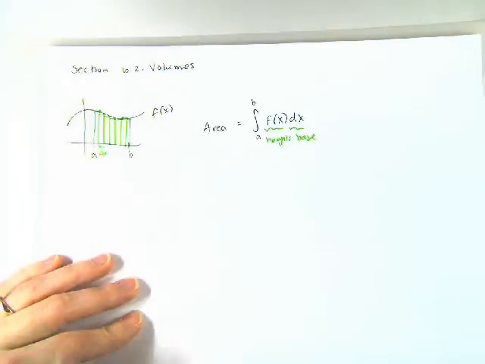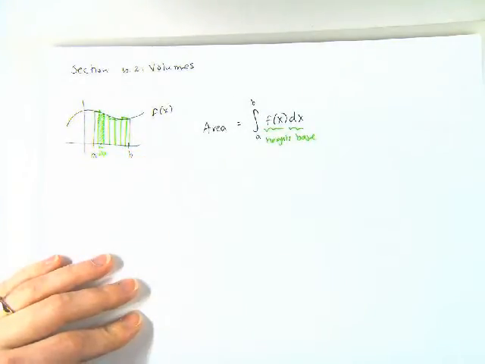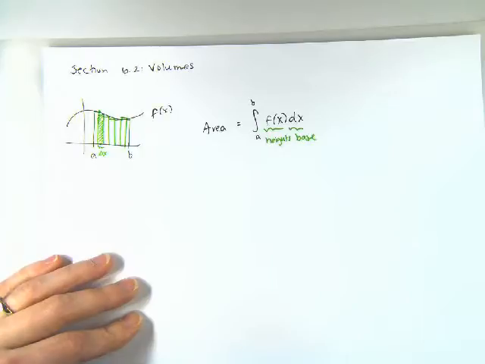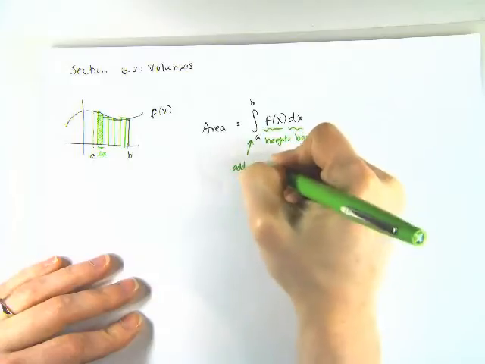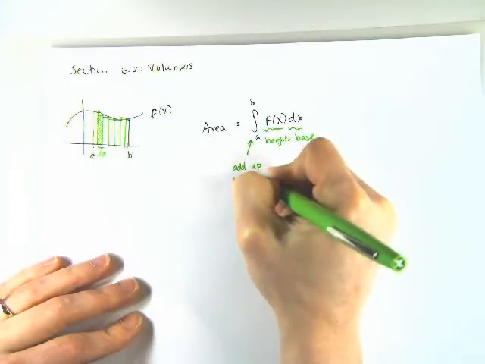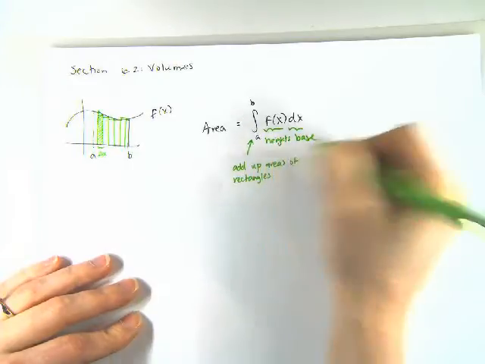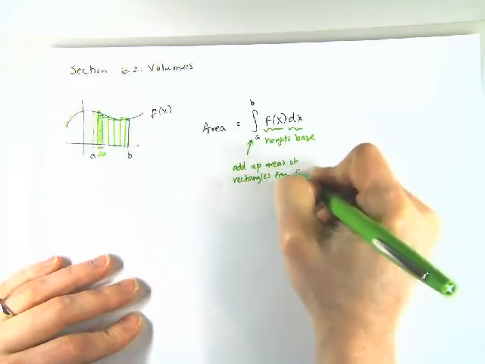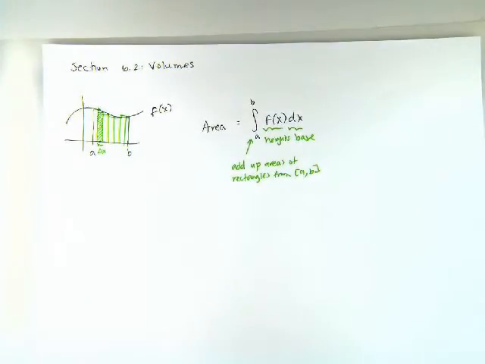The base times the height gives me the area of one individual rectangle. And then what did we want to do with all those individual rectangles? Add them all up, because that would give us an approximation of the total area. So add up the areas of the rectangles from A to B. Okay, so that's what that notation was telling us and what it was doing.